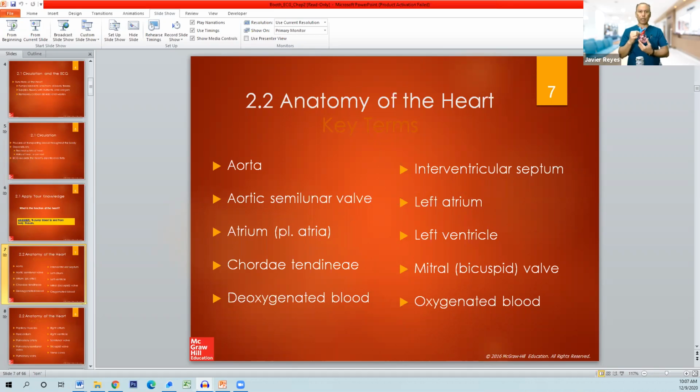Usually, all your arteries carry oxygenated blood, but here in the pulmonary circulation, the pulmonary vessels carry deoxygenated blood, going to the lungs. Again, atria are on the upper layers. The lower layers are called ventricles. Now let's go a little bit more into it.